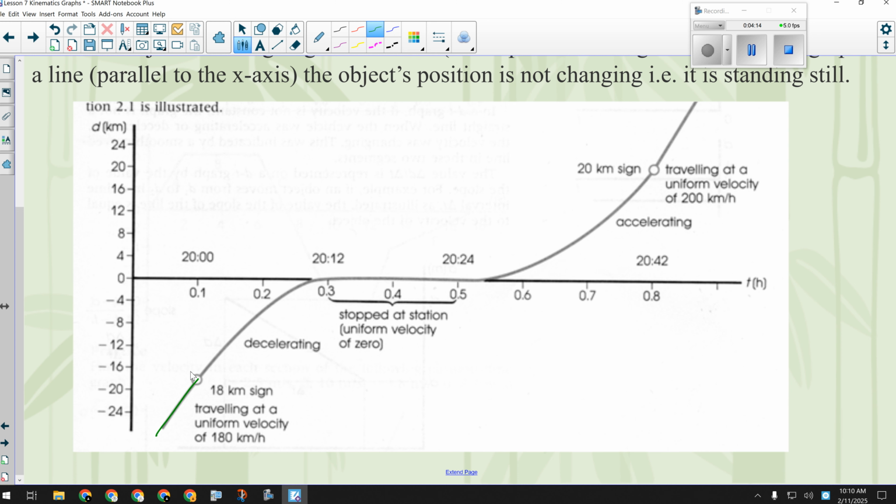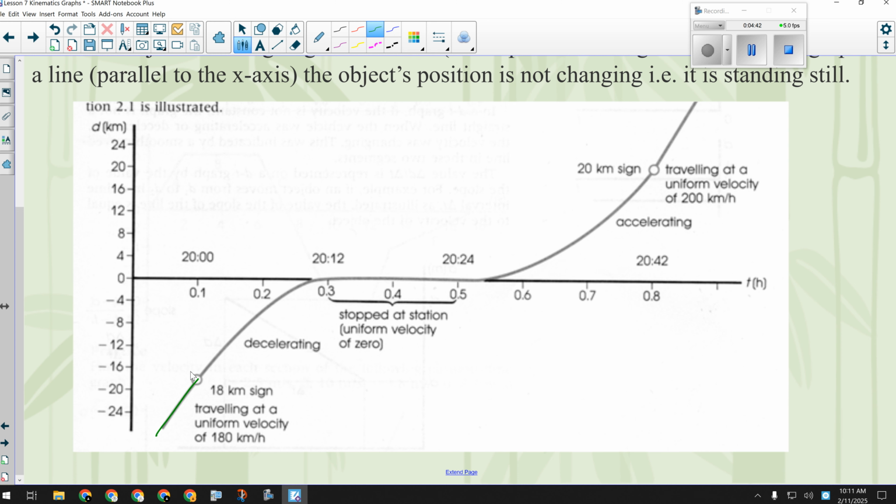Would you agree? Okay. On any graph, a diagonal line angled upwards is telling you that whatever's on the y-axis is changing uniformly over time. So there's a regular rate of change. In this case, a regular or uniform change in position means that you are traveling at a constant velocity. In this case, 180 kilometers per hour.